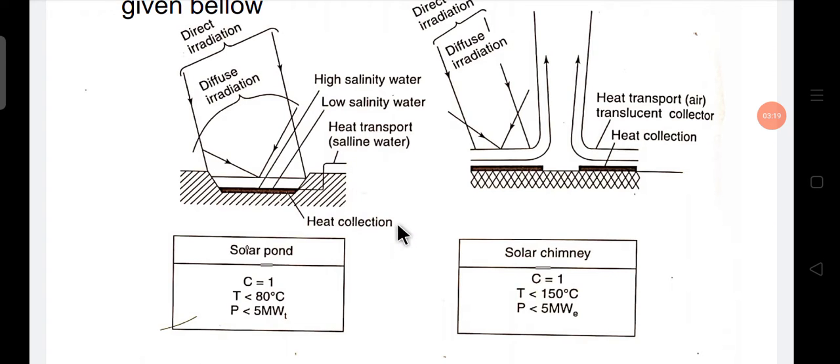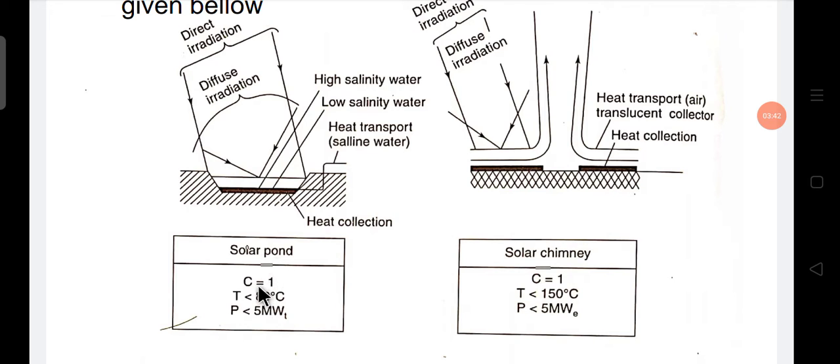Here C is the concentrating power, equal to 1, though it can reach up to 100.